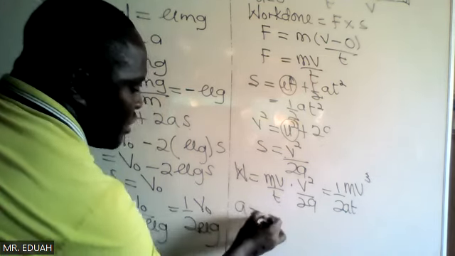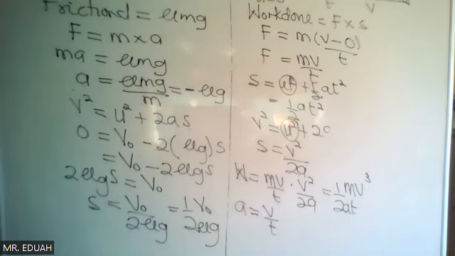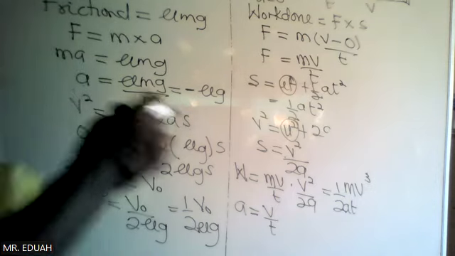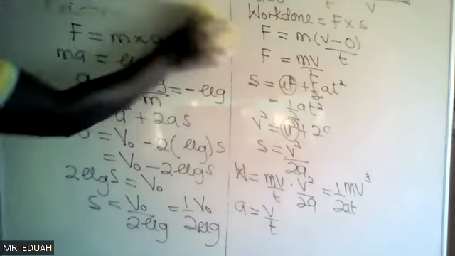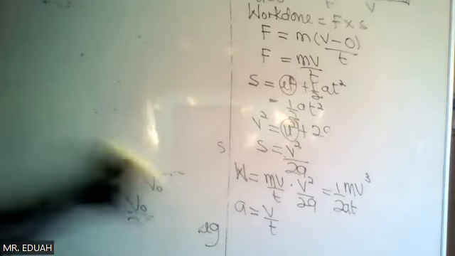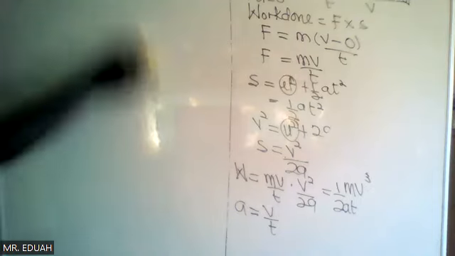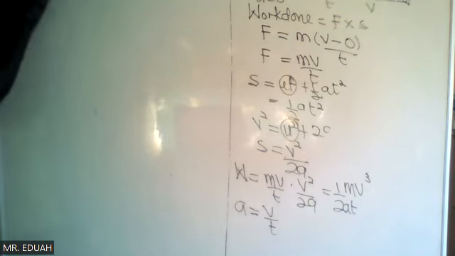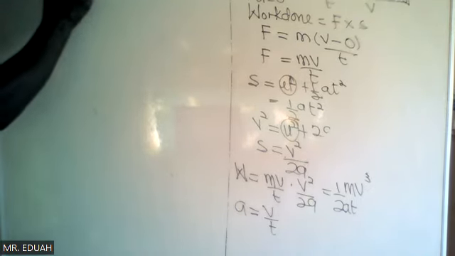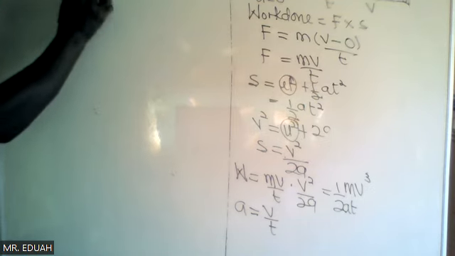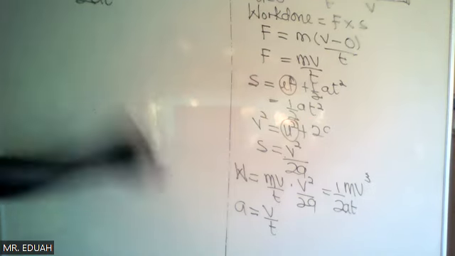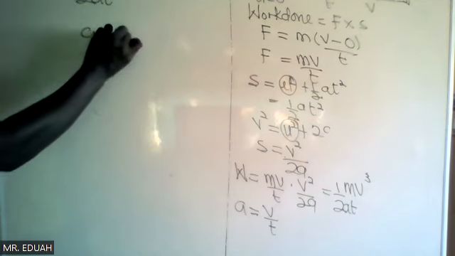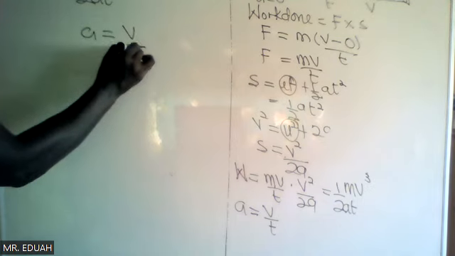Acceleration is equal to v on t. So when we substitute, let me adjust the screen. Let me clean the side of the board so we continue from this side. So we have work being equal to half a t mv cube. We've had a to be equal to v on t.